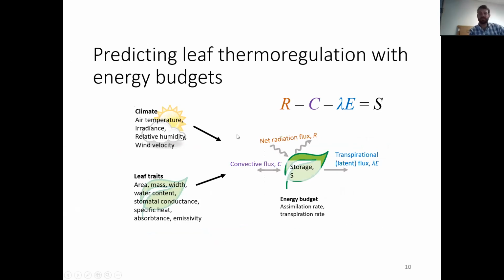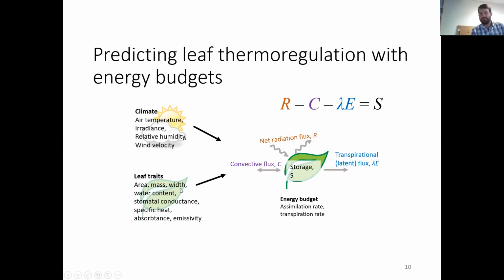And to do that, we can invoke this body of theory, which is called energy budget theory. And this is an example of an energy budget here, this equation. This is a really powerful area of theory, which is really cool because it allows us to link climate variables, things like air temperature, solar radiation, humidity, wind velocity, etc., with leaf functional traits, and in particular leaf thermal traits.